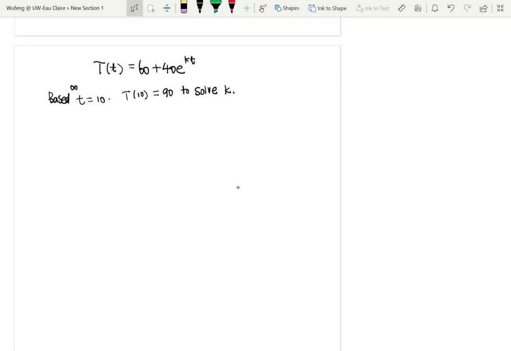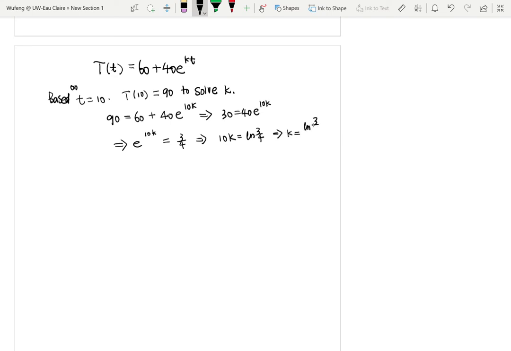So we plug it in: 90 equals 60 plus 40 times e to the 10k. You get 30 equals 40 times e to the 10k, and you get e to the 10k equals 3 over 4. Take ln, so 10k equals ln of 3 over 4. You solve k equals ln(3/4) divided by 10, and that gives you k equals negative 0.02877.